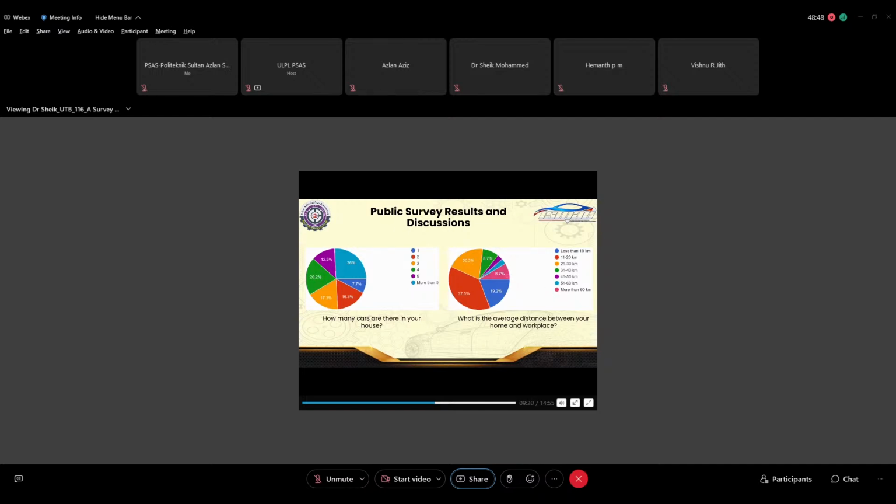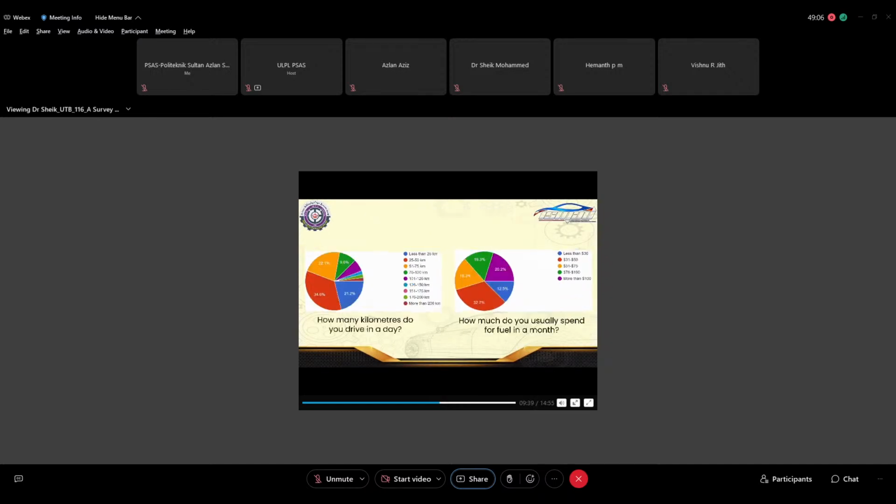But there is a good number of people traveling more than 60 kilometers. 8.7% responded that the distance between their workplace and home is more than 60 kilometers.